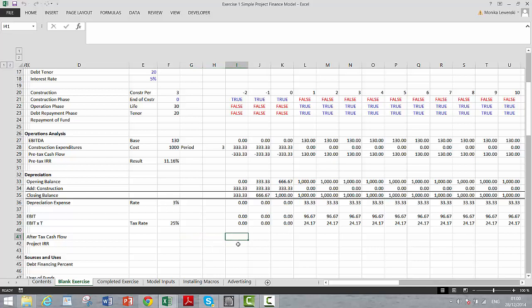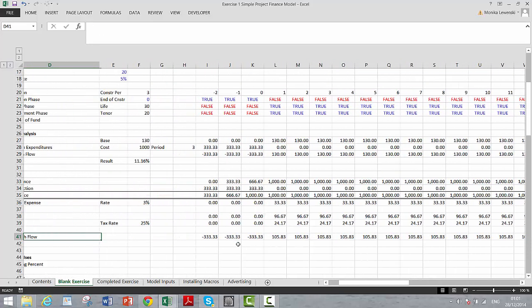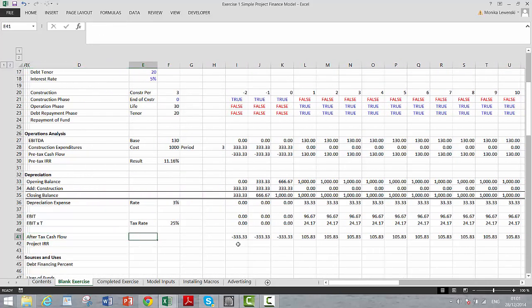Okay, so our after-tax cash flow is just our pre-tax cash flow minus the taxes, just the one we just did. And then we can derive the famous project IRR. And here's the real issue.